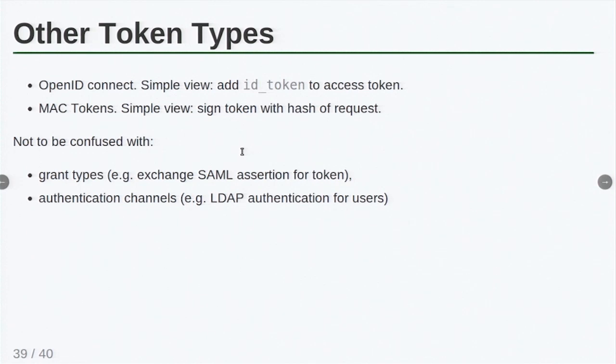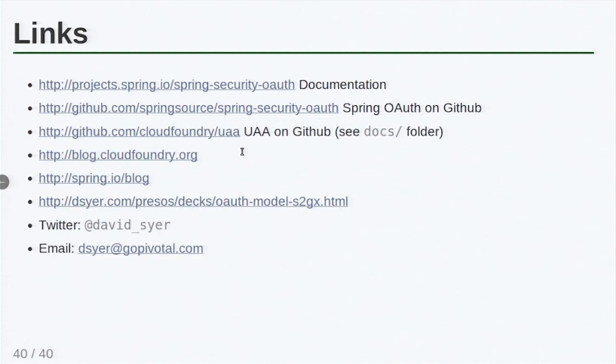So MAC tokens might be interesting for anybody who's interested in signing, and more, I guess you could say, enterprise-grade security for RESTful API calls. Again, the simple-minded view is you don't just sign the token, you also sign every request with a hash of the request itself, so that you can't repeat the request. It's not just the token contents you're protecting, it's also the request itself. Not to be confused with other kinds of authentication, which I've mentioned already, SAML and LDAP, which are common.